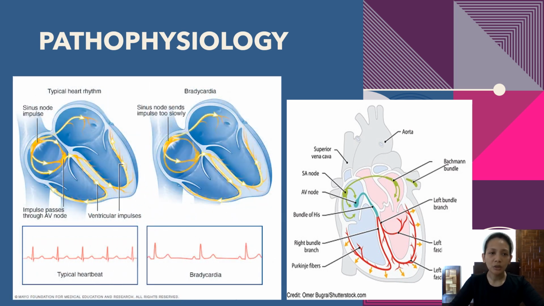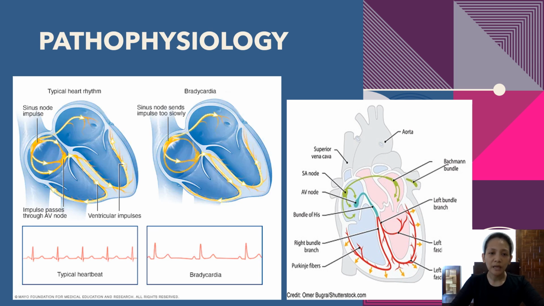In this image, we'll see how a typical heart rhythm versus bradycardia occurs. In a normal sinus node impulse, there appears a normal firing of 60 beats per minute or more, received by the AV node and traveling through the ventricular impulses, which are divided into the left and right bundle branches, and to the Purkinje fibers. However, in sinus bradycardia, the sinus node sends impulses too slowly.